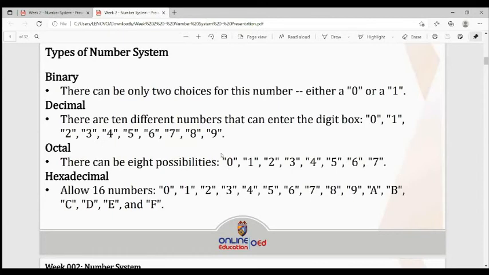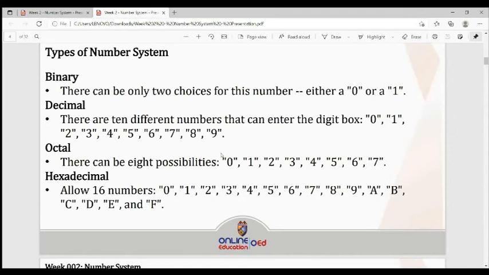Then we have also the decimal. There are 10 different numbers, from 0 to 9. So nag-start siya sa 0 up to 9. We can combine different numbers to form a decimal.